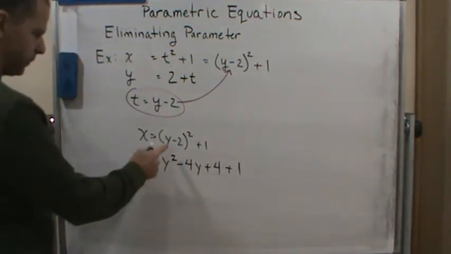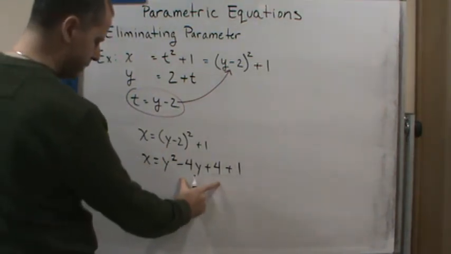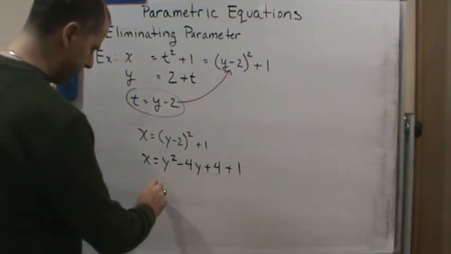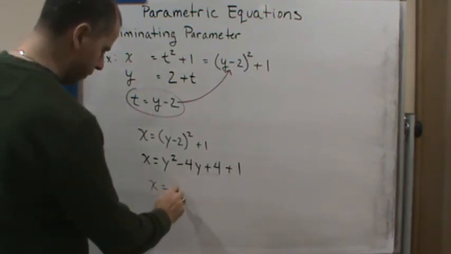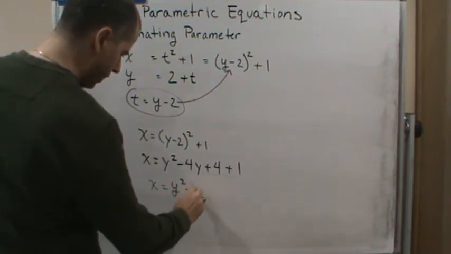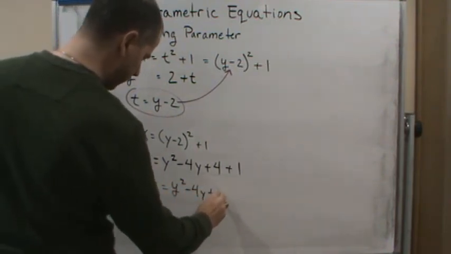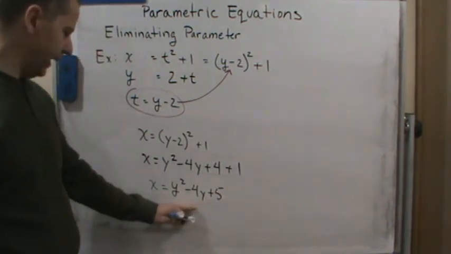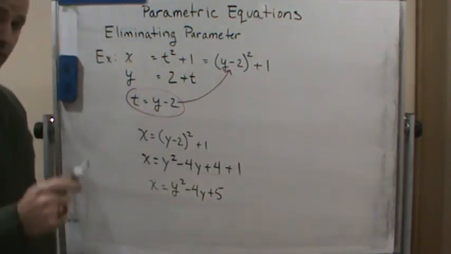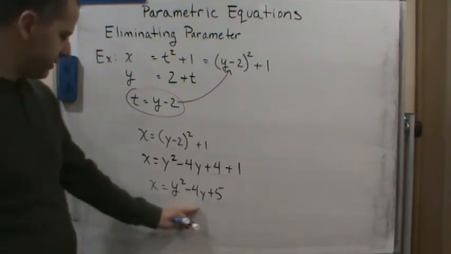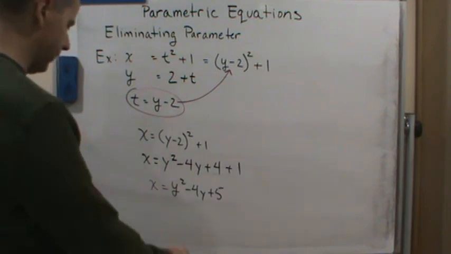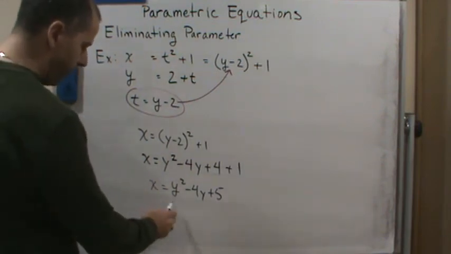All I did was expand this out. Then finally, x equals y squared minus 4y plus 5. In this case, I'm not going to be able to solve for y because I'm going to end up with a plus or minus. So this is a function in y. This would be x of y.